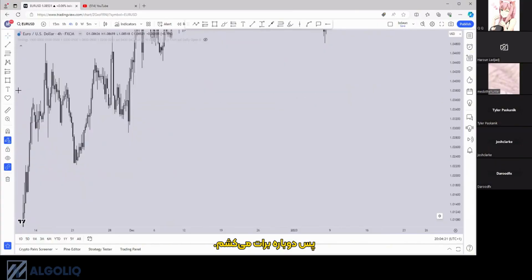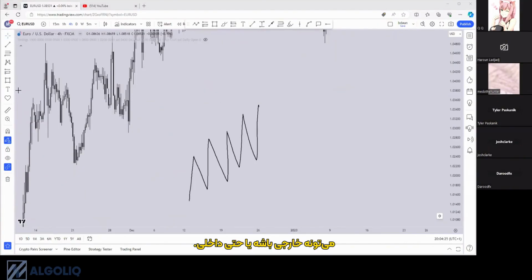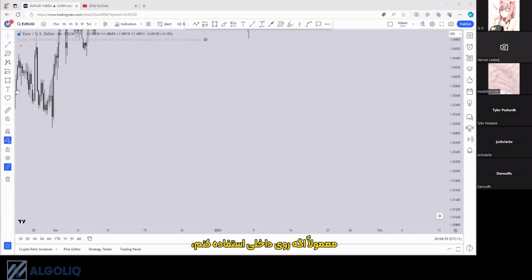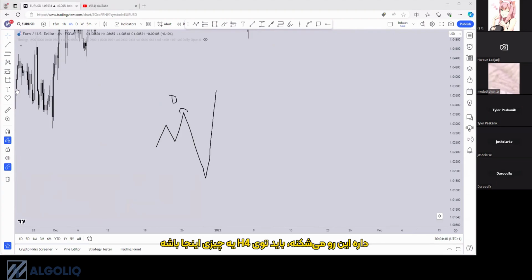So I'll draw it again for you. It can look like this, it can be external, or it can be internal as well. Usually, if I use it on internal, you would have some higher time frame liquidity structure. Let's say this daily structure, and while price is breaking this, there should be something here on H4. Or it can look like this as well.